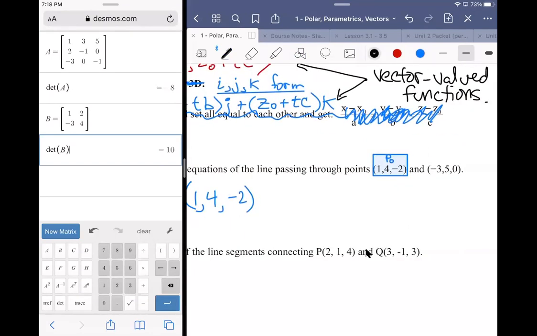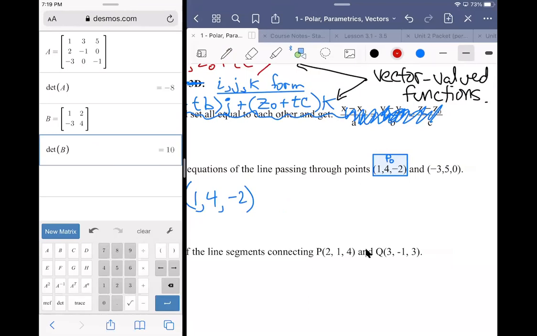Now my parallel vector, ABC, is going to be the difference between p sub o and some arbitrary point in space, right? I can call this other point p, but that might lead people to think that its coordinates are x, y, z, which I don't want people thinking about.